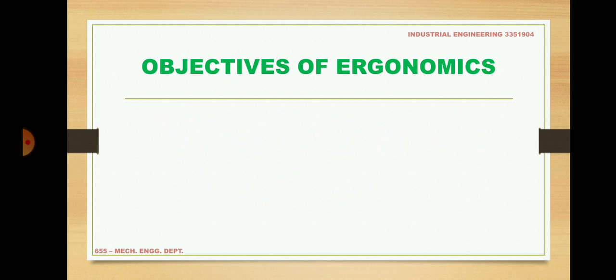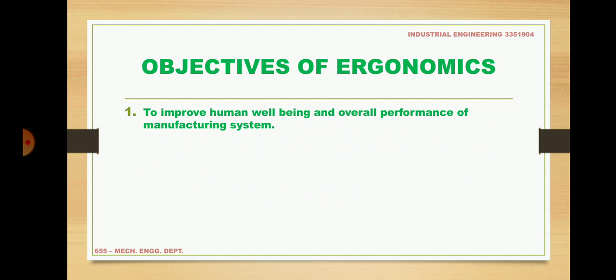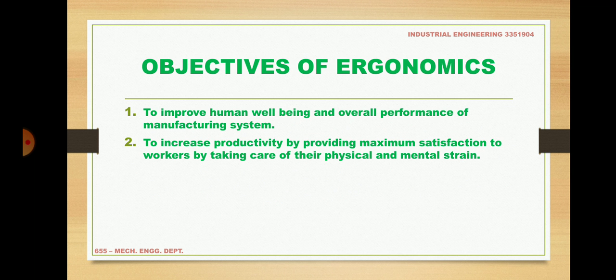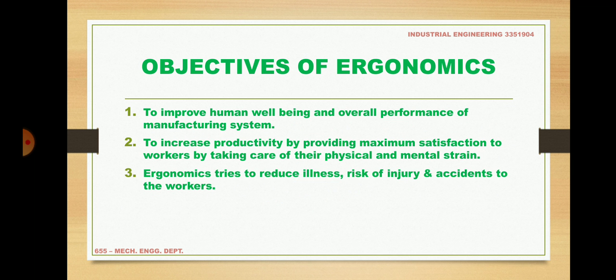Now, what are the objectives of ergonomics? The first one is to improve human well-being. If we provide them a better working area, it will show in every work he does. To increase the productivity: if we provide them better working conditions, a safe workplace, it increases productivity by providing maximum satisfaction, as we discussed. Ergonomics tries to reduce illness.